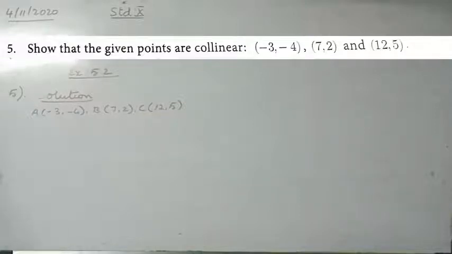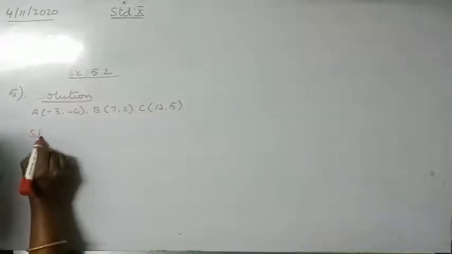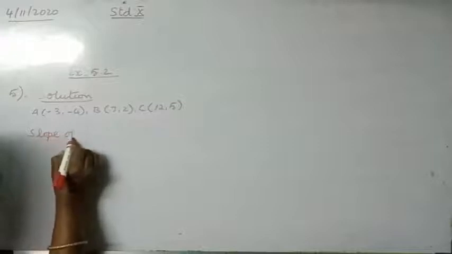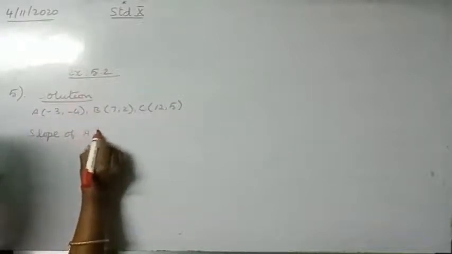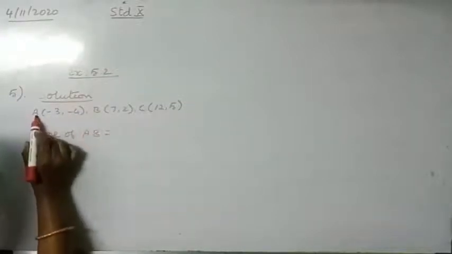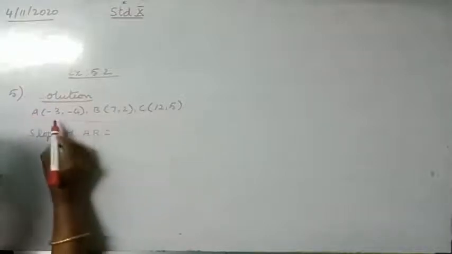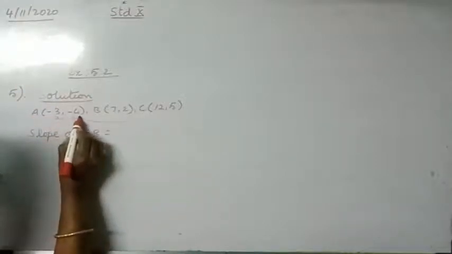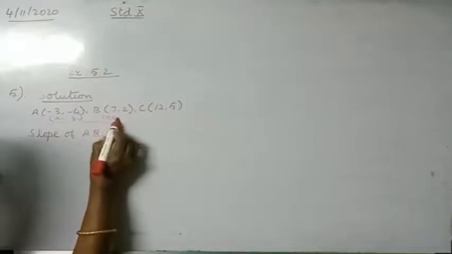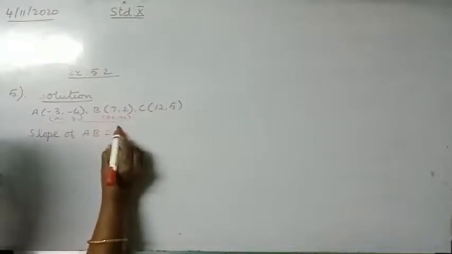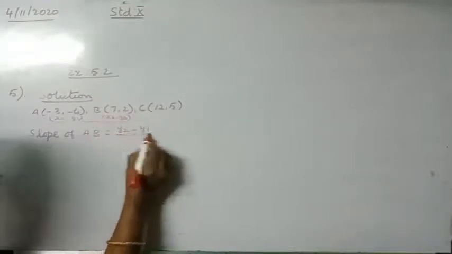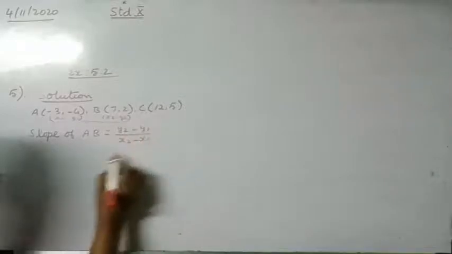So at first find the slope of AB. So slope of AB is equal to, இந்த ரெண்டு லைன் எடுக்கிறோம். So take this as x1, y1, this as x2, y2. So the formula is y2 minus y1 by x2 minus x1.